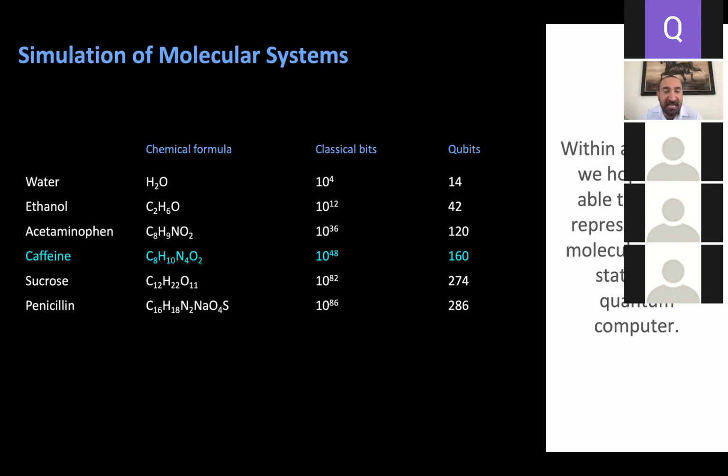But you also understand how important this example is, because when pharmaceutical companies are making a new molecule for a new drug, they definitely want to make sure that the molecule stays together, that it binds to the receptor of a protein in the body, and that it doesn't have side effects. So these are all properties that need to be simulated with a computer before really testing the drug on animals and eventually human beings.